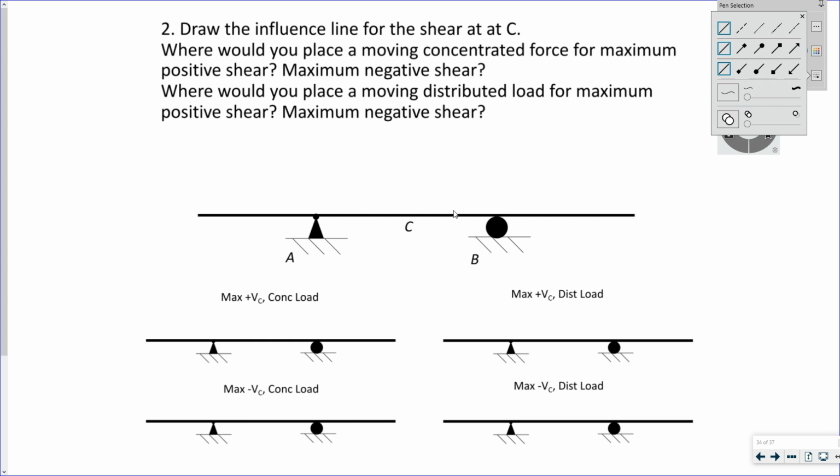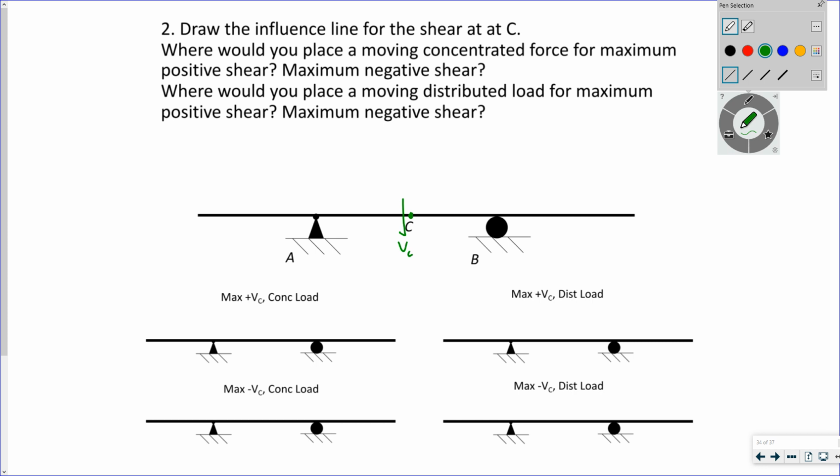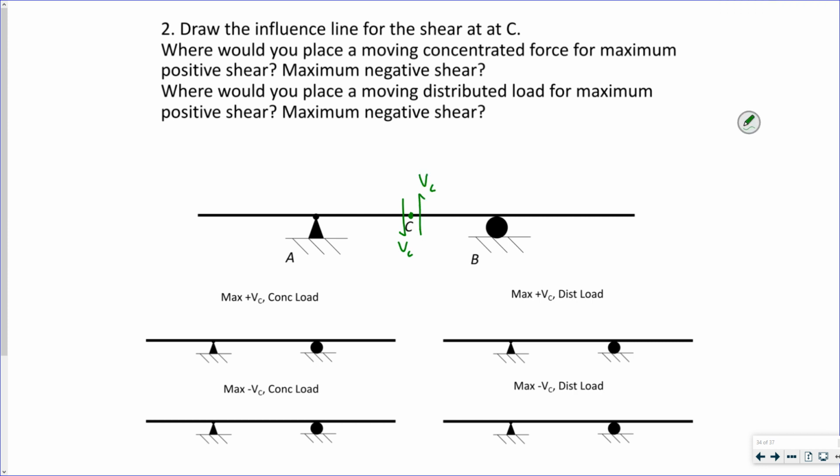Let's look at this. So shear. I'm gonna break my thing right here and I'm gonna apply a shear to that half and a shear to that half.